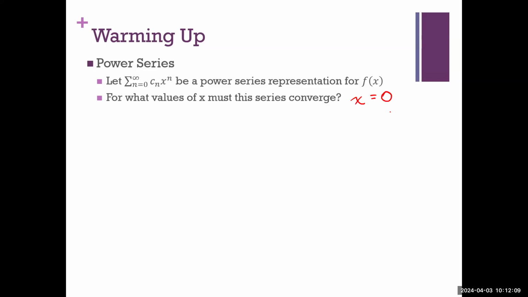So if x equals 0, what does this series look like? What do all the terms in that sum look like? They're all just 0, right? That converges, but in a trivial, meaningless way.